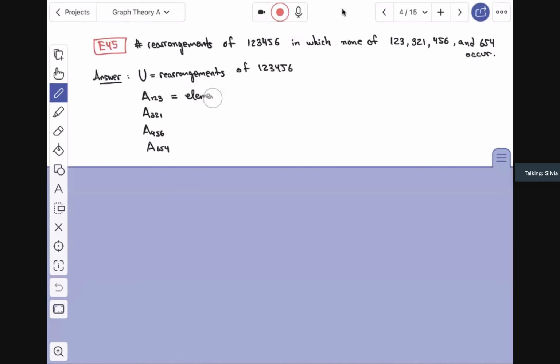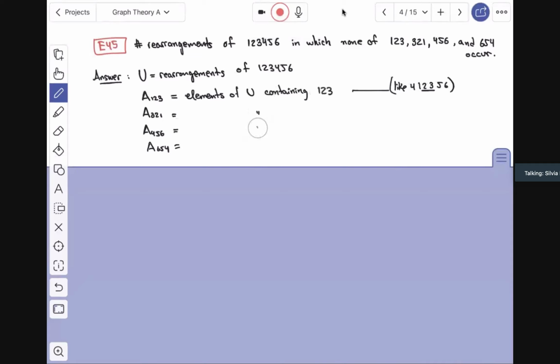So this is elements of U containing 1, 2, 3, like together, like 4, 1, 2, 3, 5, 6, like that. That one contains 1, 2, 3 there. And then same for the others.